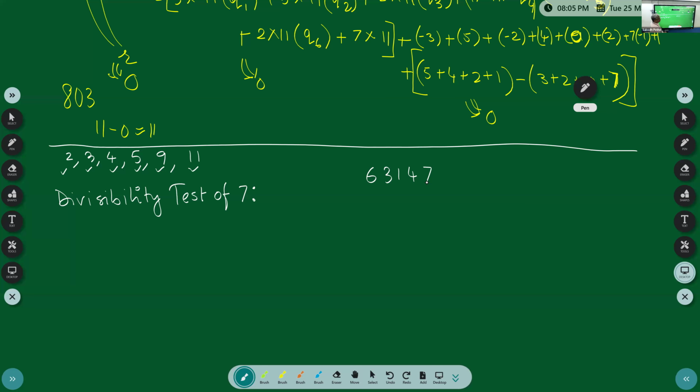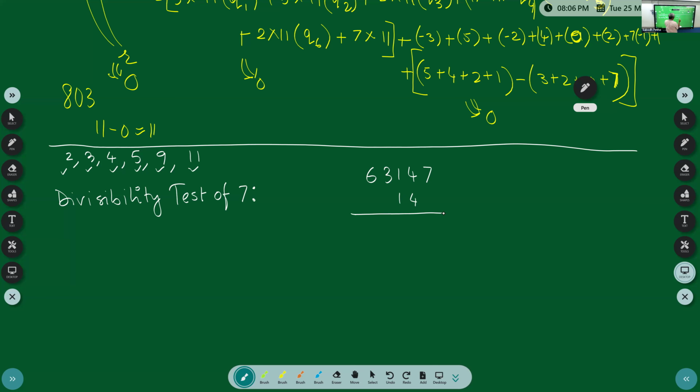Now it is important first to know what the test is. We should check it. If it works, then it is important to know why it works. So what she is saying is, instead of dividing this big number by 7, you double the last digit and put it like this. And then subtract.